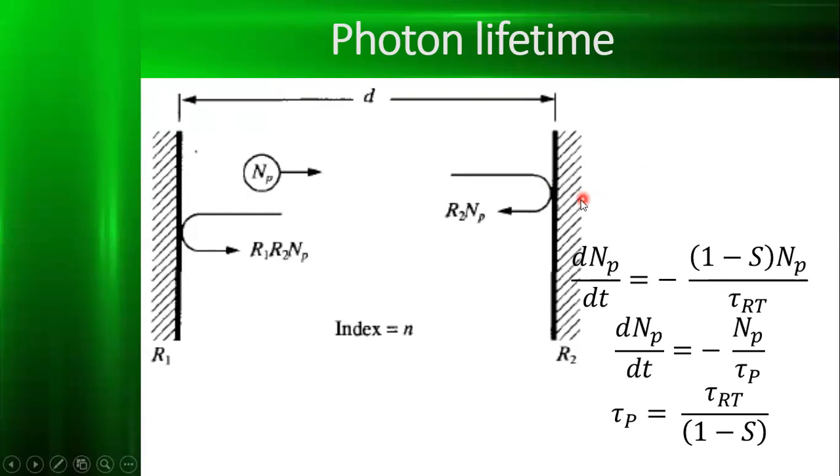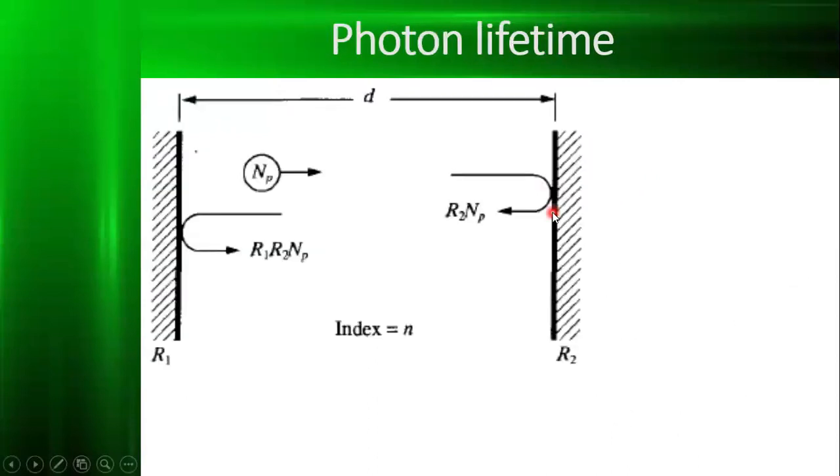Very easy. Now we have R2 NB propagating from the right to the left. Then we will reach this point. When we reach this point, then we have a reflection. The reflection now is R1. Then we will get R1, R2, NB.